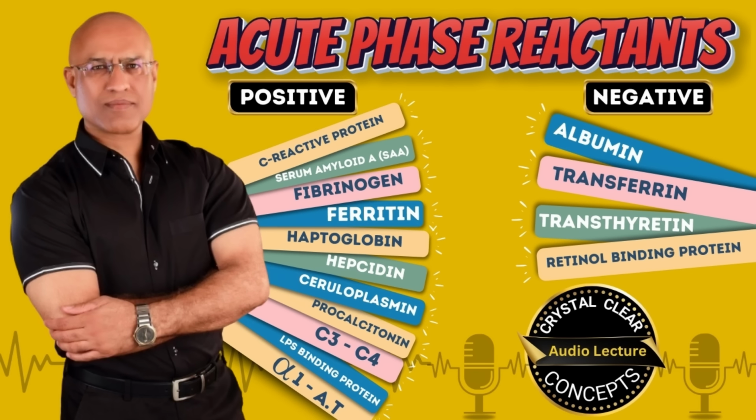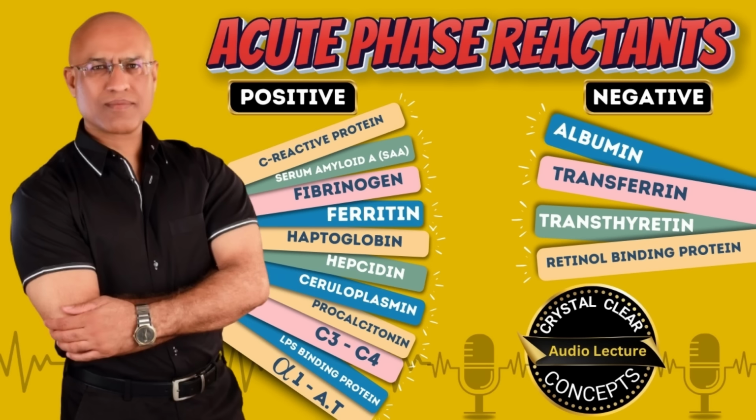Now what happens? During inflammatory states, the liver produces a lot of hepcidin. So hepcidin is a positive acute phase reactant. What is hepcidin doing?